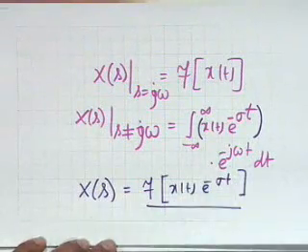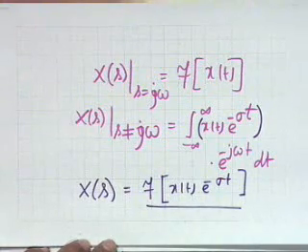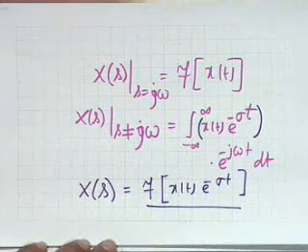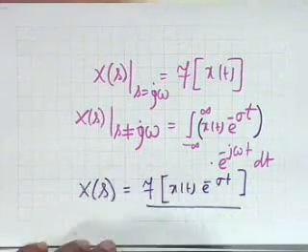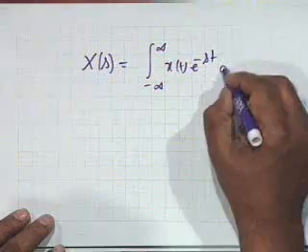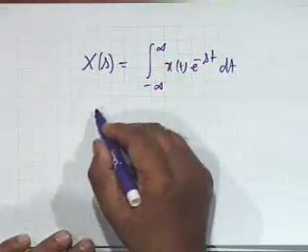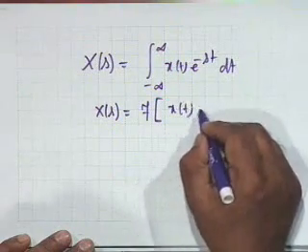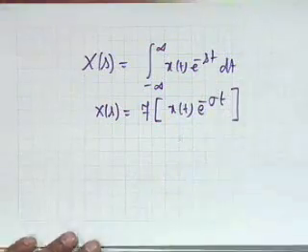What is the message that I am trying to convey? I am trying to convey that the Fourier transform of a function may not exist, but the Laplace transform exists. And if the Laplace transform exists, what does the existence mean? If we go back to the definition of the Laplace transform, that is capital X of s is the integral from minus infinity to infinity of x of t e to the minus st dt, and we have said that X of s is the Fourier transform of x of t e to the minus sigma t.